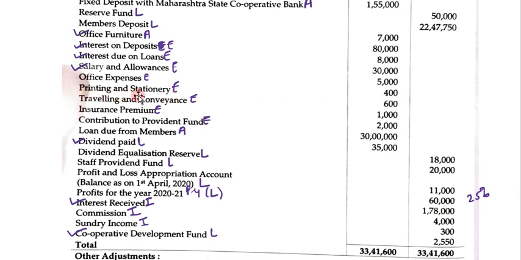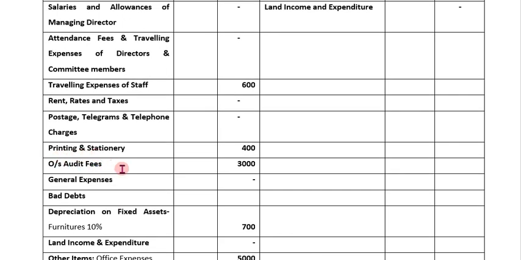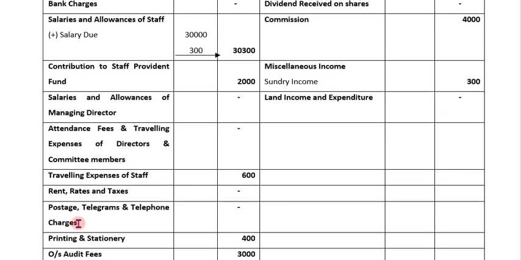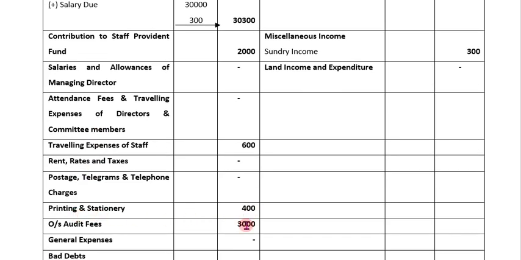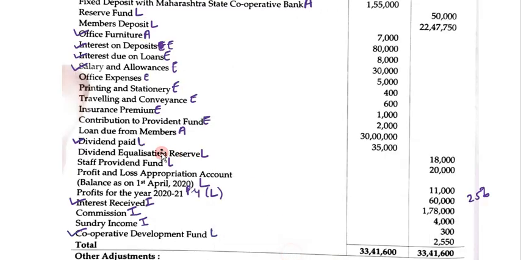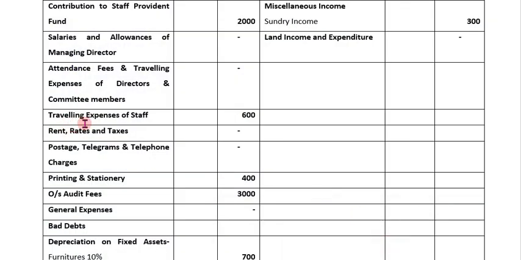The amount of printing and stationery is 400 rupees. See, in profit and loss account expenditure side, printing and stationery 400 rupees. After printing and stationery, traveling and convenience 600 rupees expenditure. So traveling expenses 600 rupees.